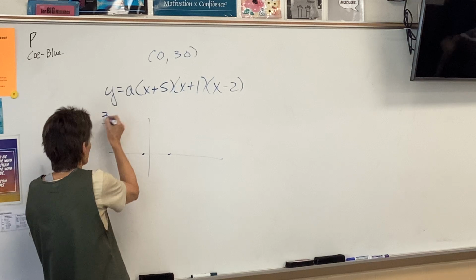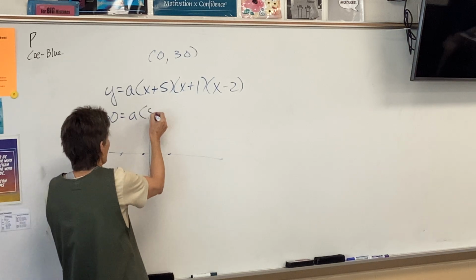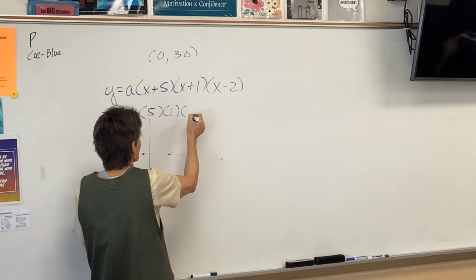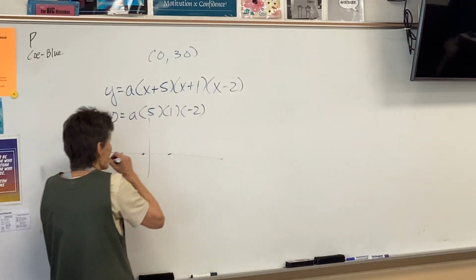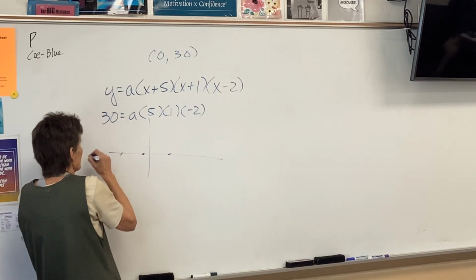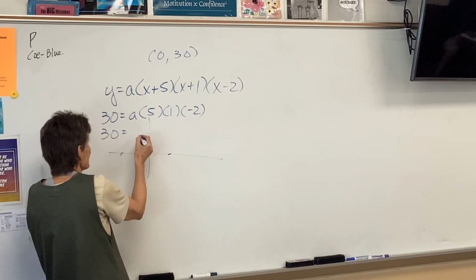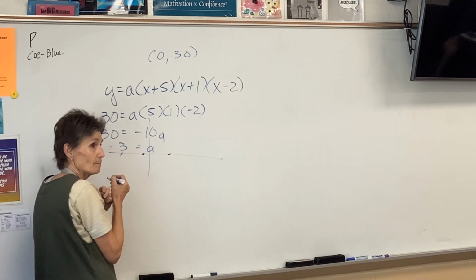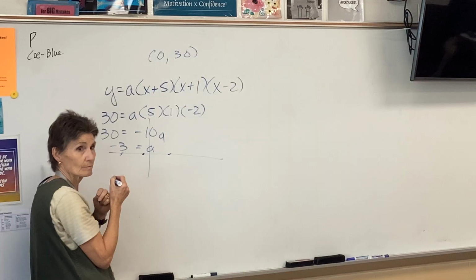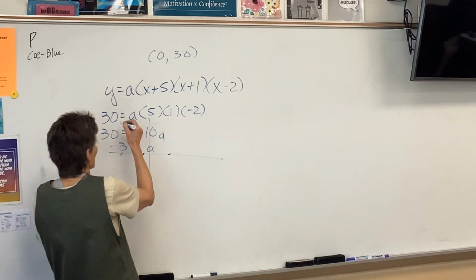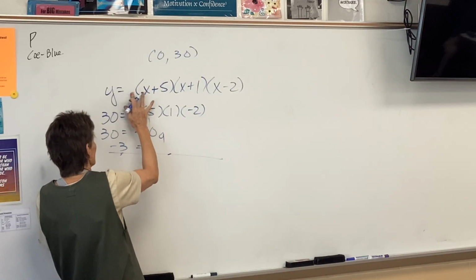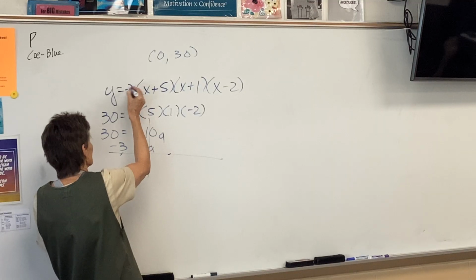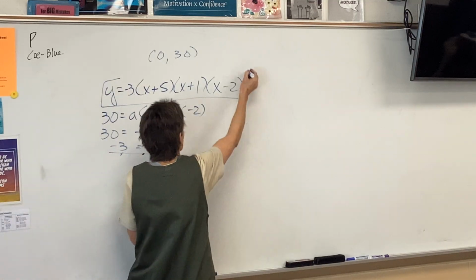So if I put a 30 in here and zeros in for all of my x's, it looks like that missing coefficient is -3. So my polynomial looks like this.